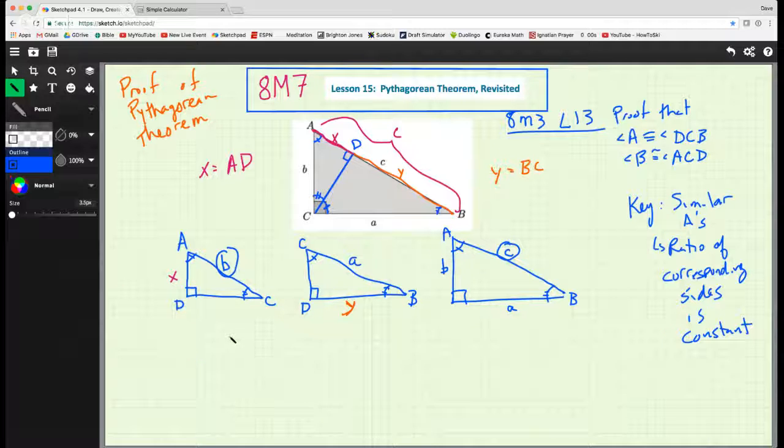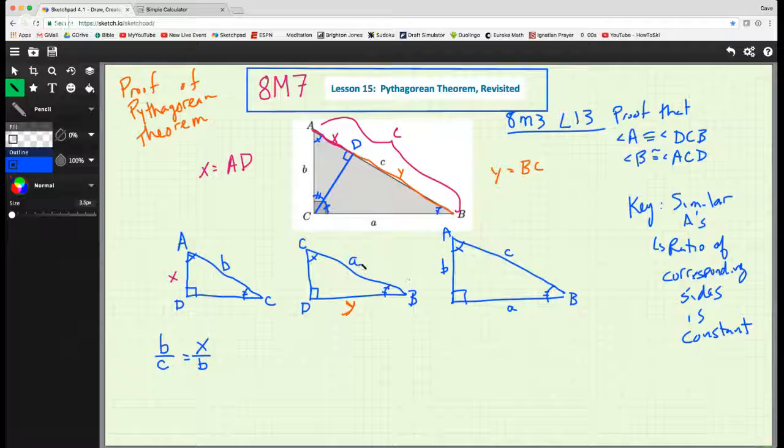So B divided by C, the length of B divided by C, that's the corresponding side. It's got to be the same as X divided by B. That has to be true if they're similar. Now I'm going to do a similar thing using these two triangles. So what would I say?